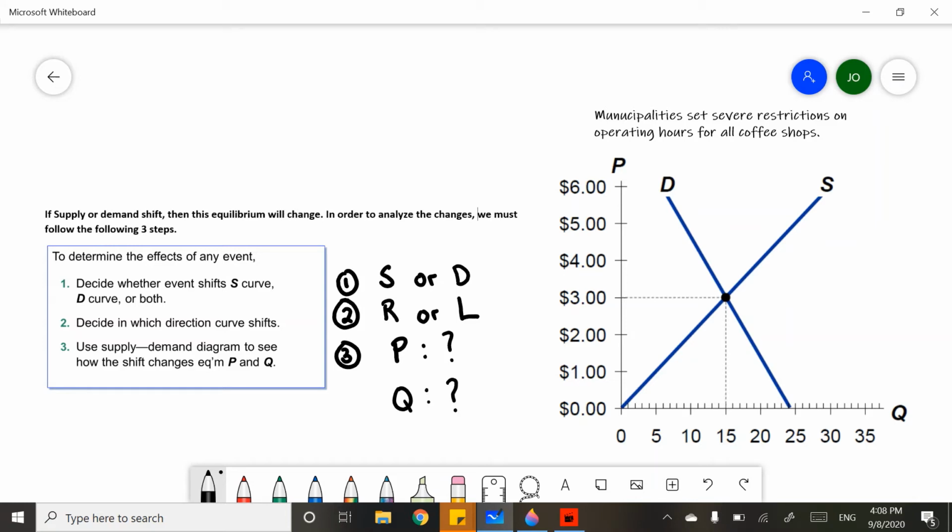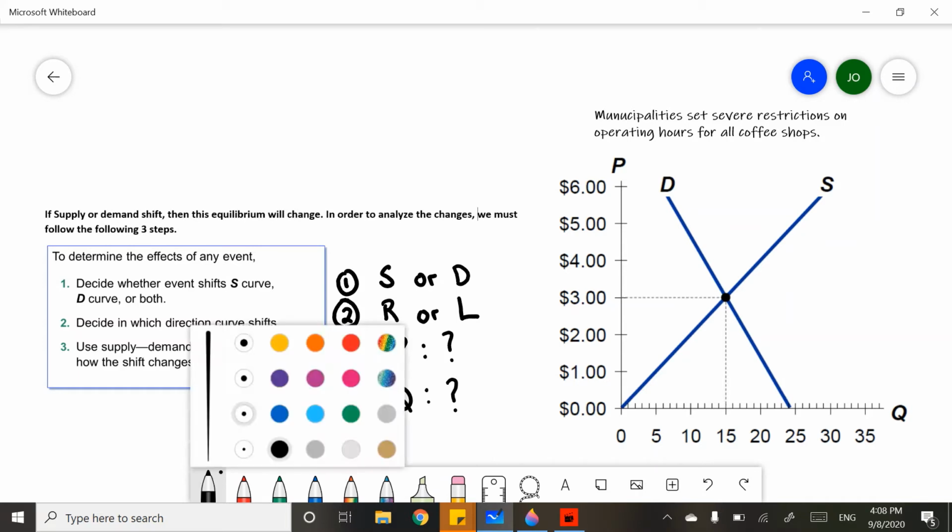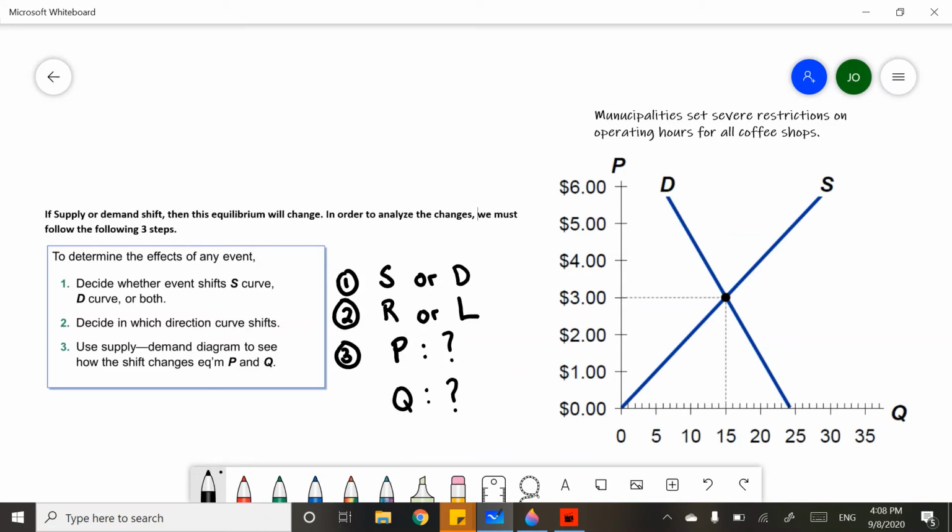Let's look at the market for lattes and the example that we have here on our board. The example reads, municipalities set severe restrictions on operating hours for all coffee shops.